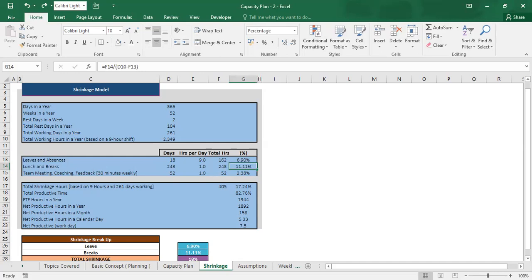So the shrinkage that we have for in office is 11.11%, and considering that every week we have 1 hour for offline activities like team meeting, coaching, feedback, one-on-one and all. This is the total shrinkage.